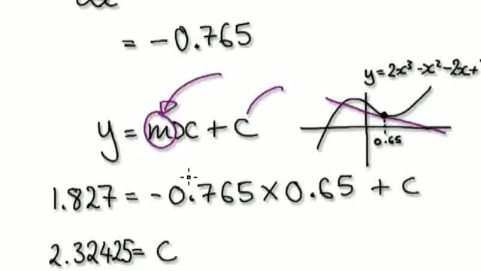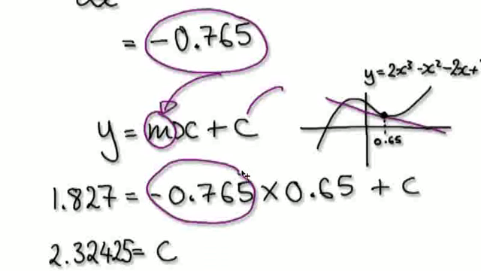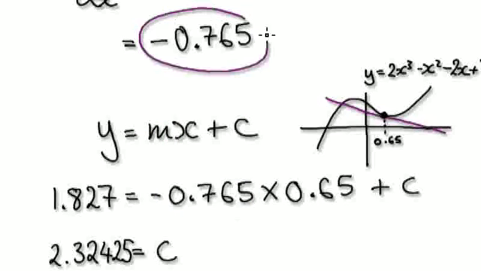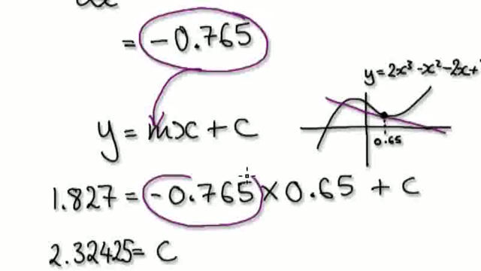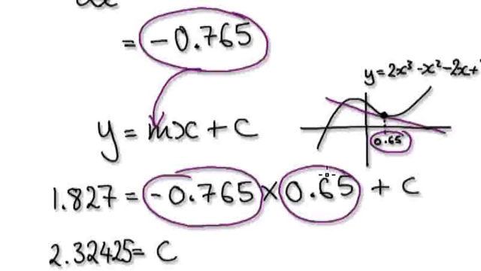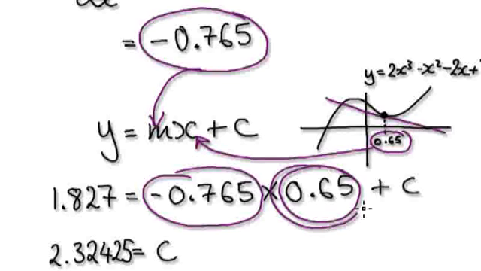So the gradient, which is this here, we put it into the m here. And then x, which is 0.65, you put into this x here.